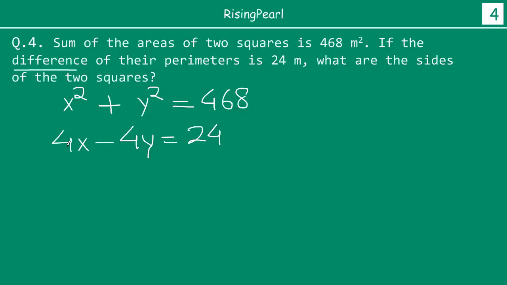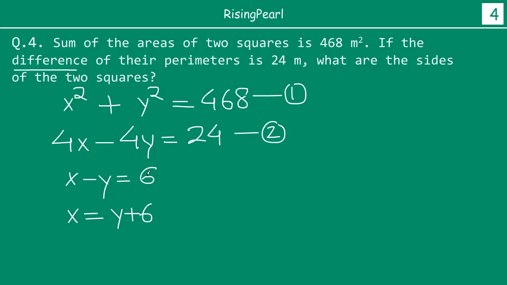So we have two different equations here. If you focus on this one, we can divide both sides of the equation by 4. So we will get x minus y equal to 24 by 4, which will be 6. From here we can say x is equal to y plus 6.